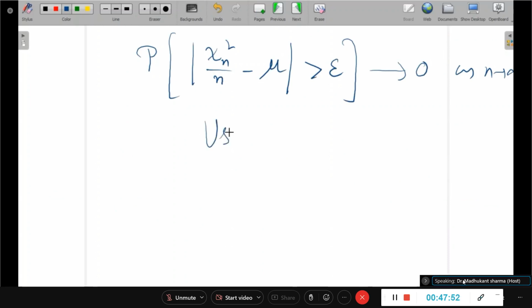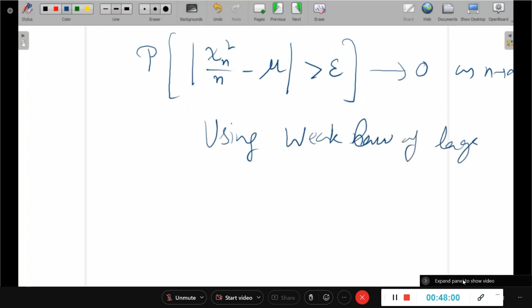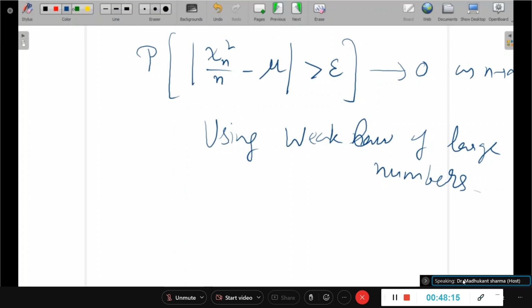Using the weak law of large numbers, what does it say? What is the value of the mean for this chi-n square by n? Just now we have identified it is 1.